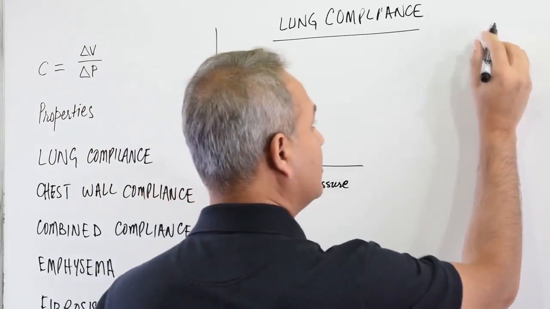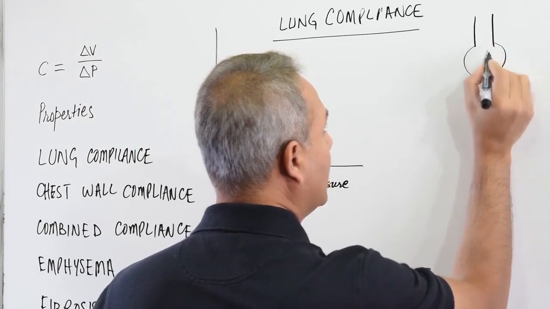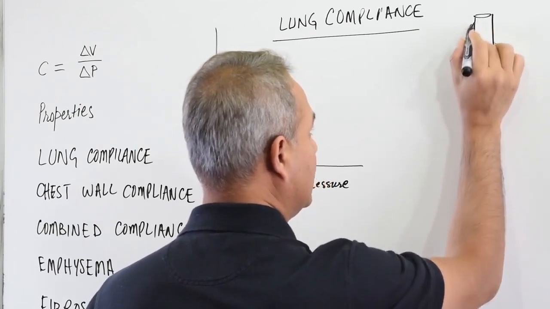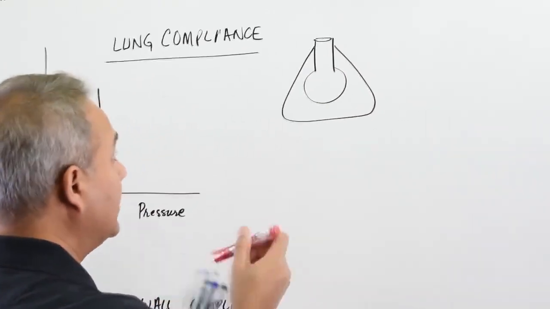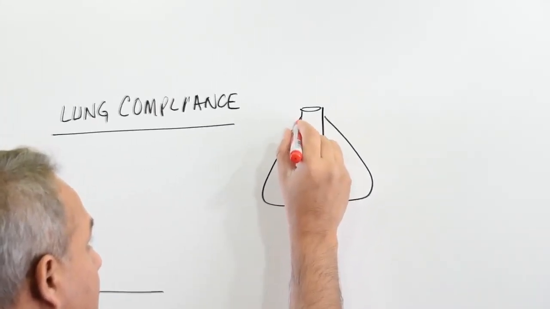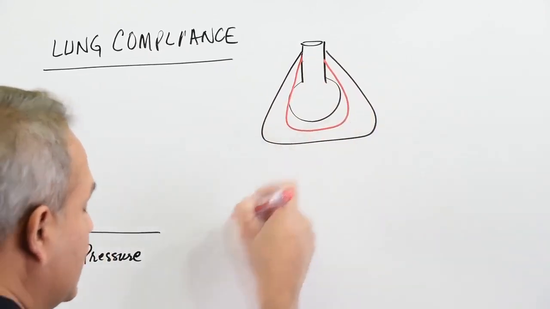Remember, in our discussion we had drawn, let's say this is one alveolus that is representing the lung, and then we had this space here.